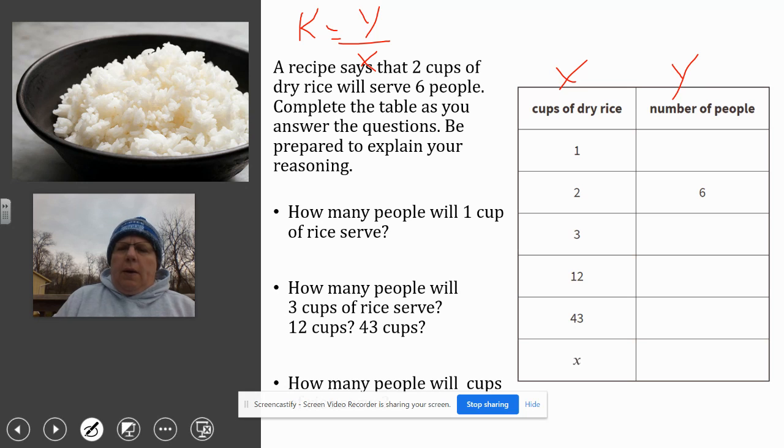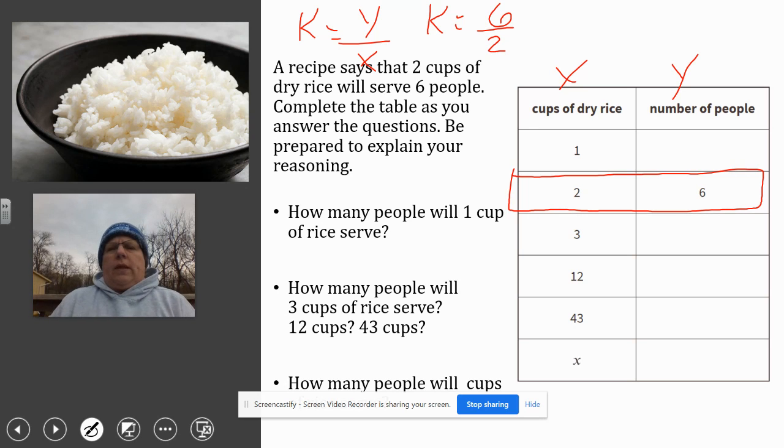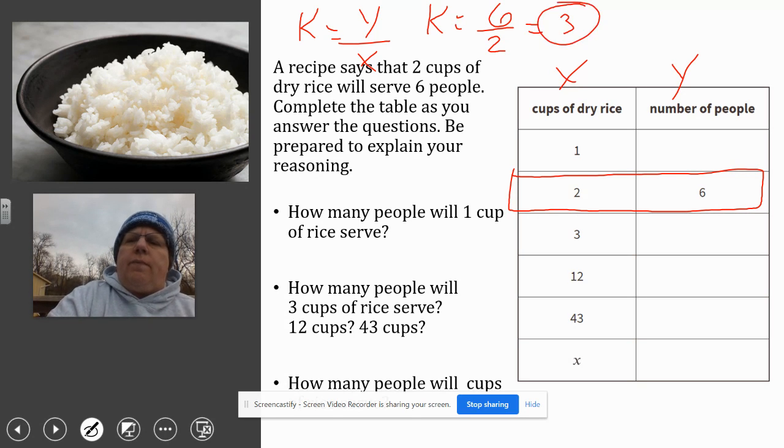So if I go to my spot on my table where I have something already completed, this 2 cups of rice and 6 people, and I plug it in to my equation, let's find out what k equals. My x value is 2 and my y value is 6. And so I'm going to write a ratio of 6 over 2. And if I simplify that, I'm going to find out that my k value is actually a 3.